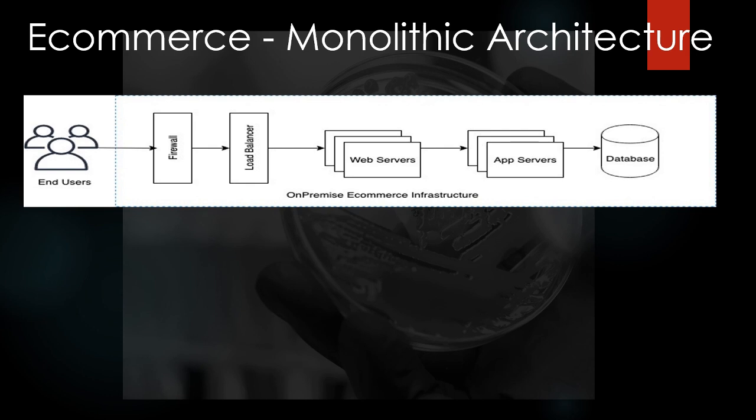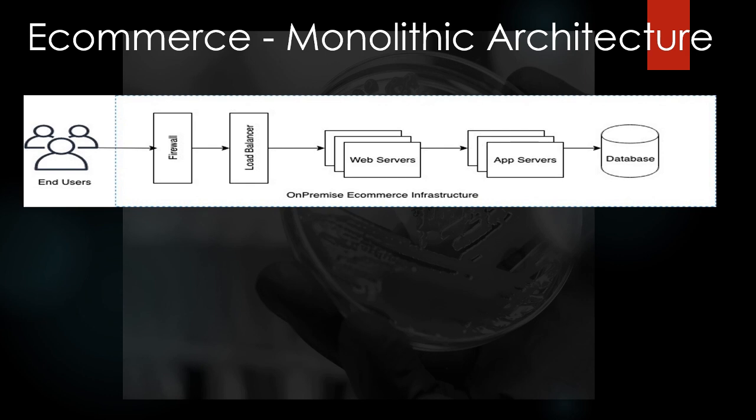The app service has the functionality. For example, in this case it is a monolithic architecture, so we assume that everything is actually one application, starting from logging in, searching for the product, adding to the shopping cart, and then checkout and payments, and finally order tracking and stuff like that.